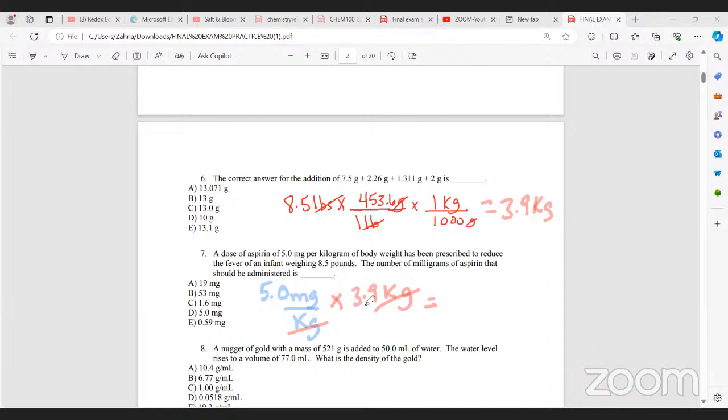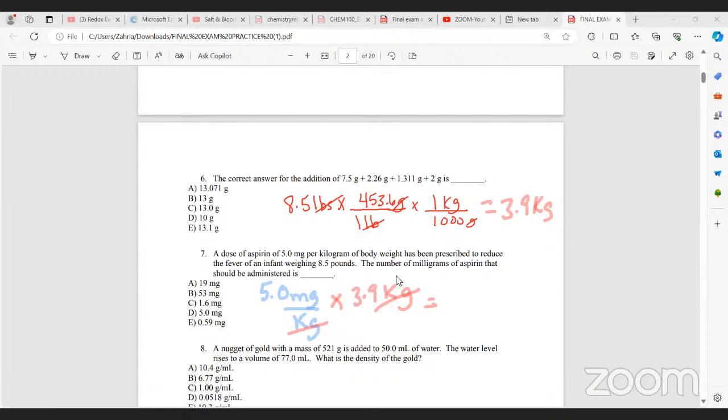All right, so 3.9 times 5.0 will give you your answer, okay? So if we go back over here and say 3.9 times, and let me show you on the calculator here, times 5.0, we get 19.5.